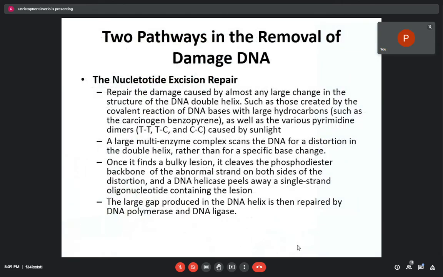Now the nucleotide excision repair. That is how you are going to repair the thymine-thymine dimer, thymine-cytosine dimer, and cytosine-cytosine dimer.